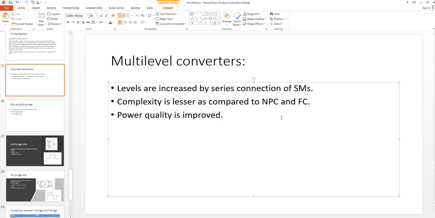In order to increase the number of levels, we have to connect the different submodules in series. And similarly, if the number of levels are increased, ultimately the power quality will be very high. So this is the reason that nowadays the modular multi-level converter is taking much more interest of the researchers, and is used in high voltage DC transmission lines as compared to other typical multi-level converters that utilize neutral point clamped and flying capacitors.